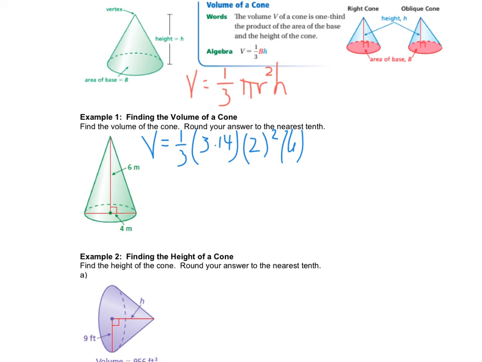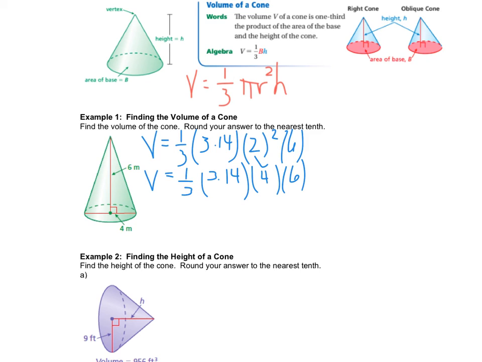So it looks like a lot going on there, but let's just leave the 1/3 for the moment and figure out the rest. So again, remembering order of operations, the very first thing that we do is we take care of the exponent. So my next line should really look like 1/3 times 3.14 times 2 squared is 4, times 6.